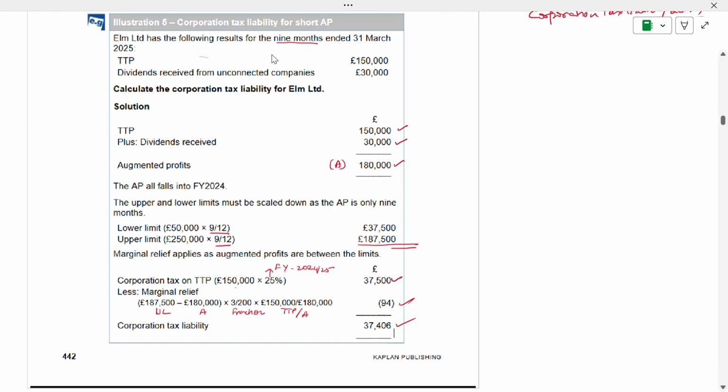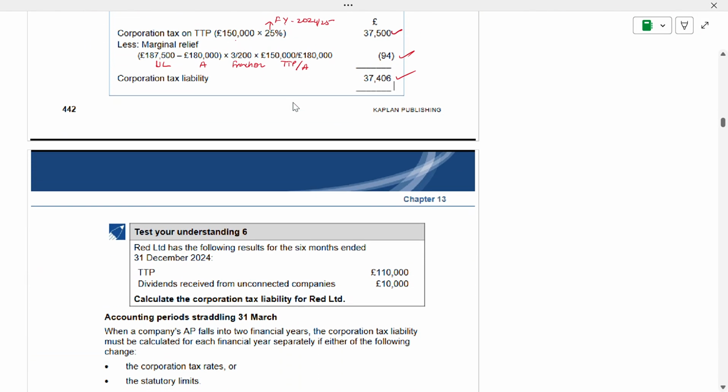This is the upper limit, this is the augmented profit, this is the fraction, this is the TTP, and this is the A. Are you clear about this? Yes, sir.